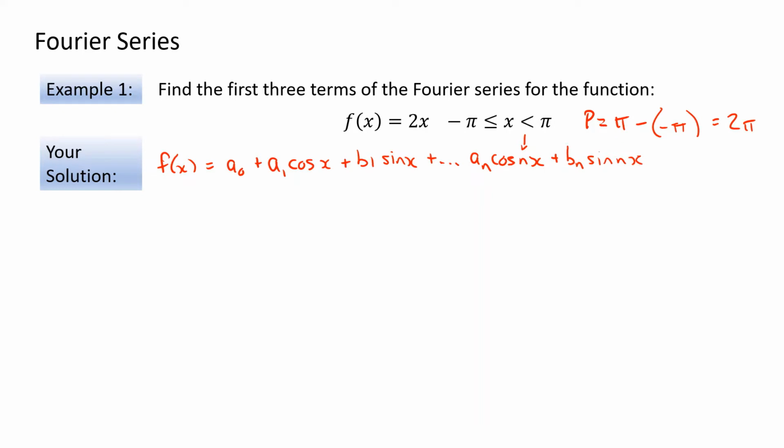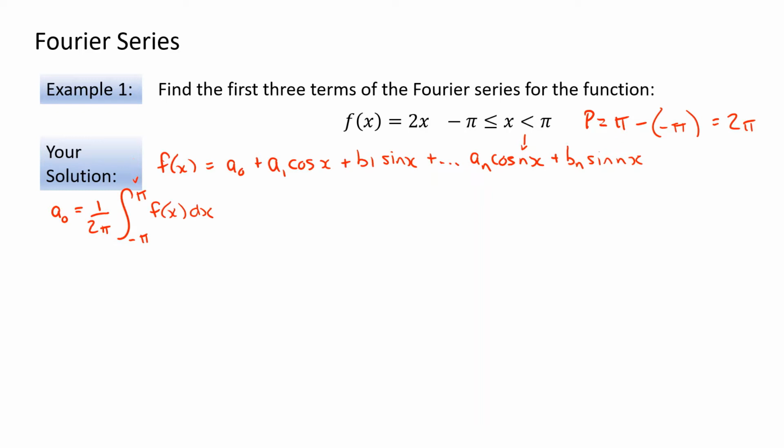Okay, so we're going to focus on these first three terms just to look at doing each one of the integrals. Starting with a0, that is equal to 1 over 2 pi times the integral from negative pi to pi of f of x dx. You're going to see in these examples they take pretty long to complete, and that's because of the amount of integrals and the fact that each integral has bounds.